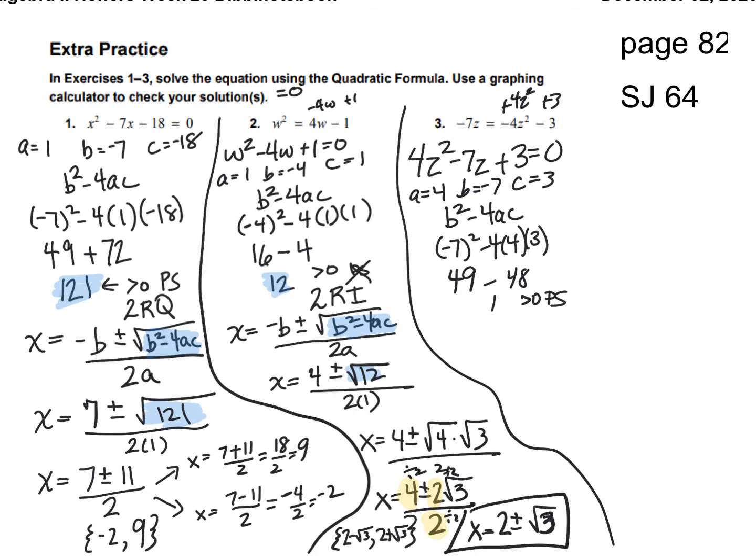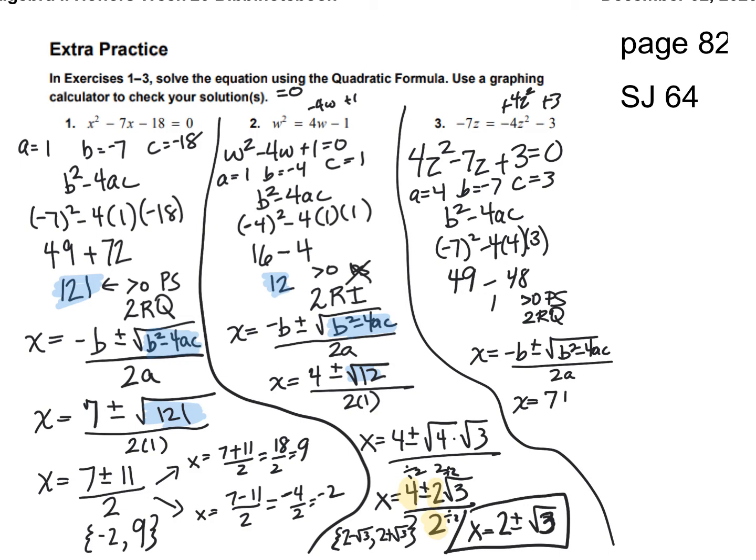So that means that it is two real rational solutions. And let me get those. The quadratic formula, x equals negative b plus or minus the square root of b squared minus 4ac all over 2a. And let me see, fill it in.